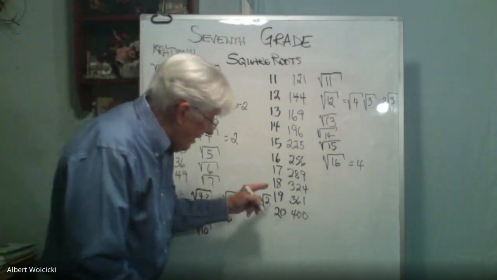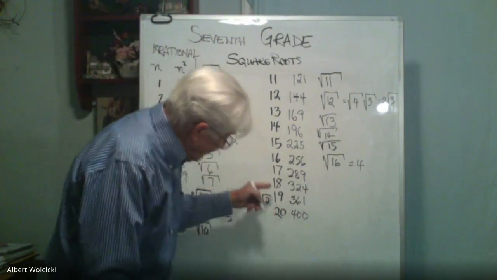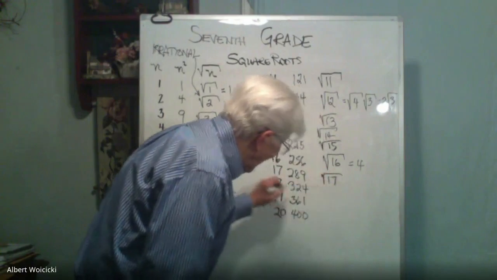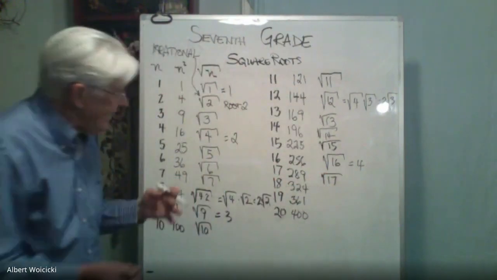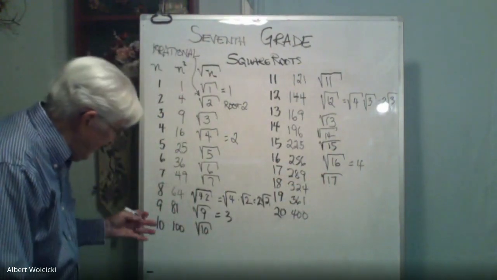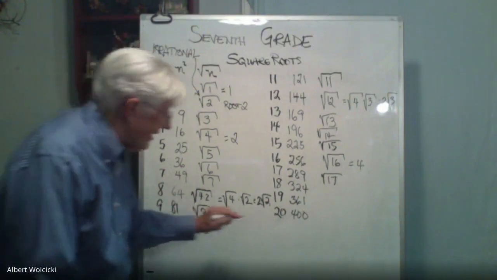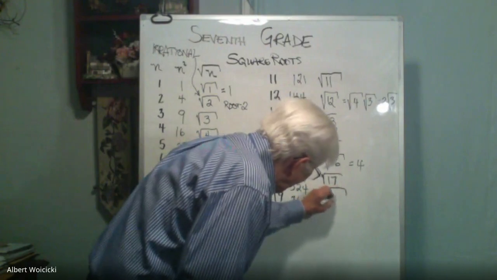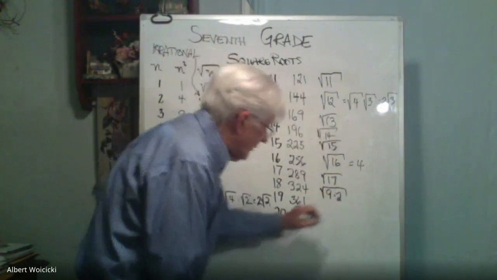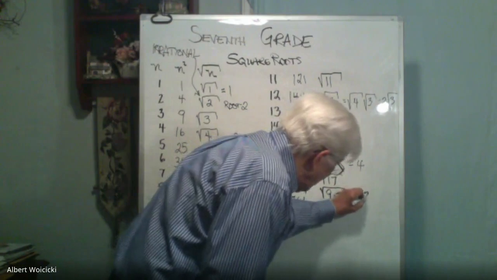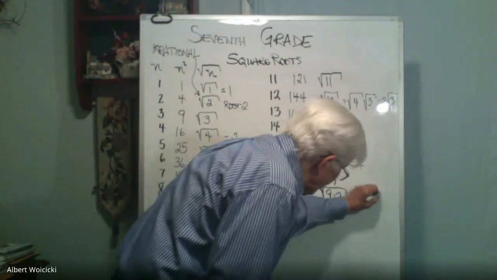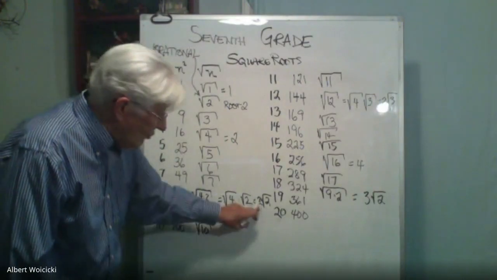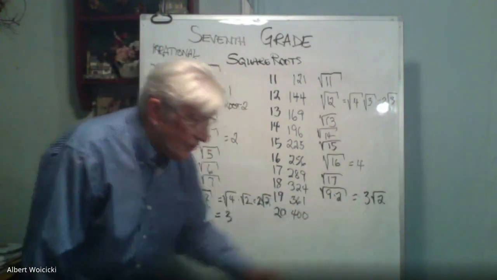But now, can I change any of these? 17 I can't fix. 18, does 18 have a perfect square in it? It has a 9 in it, because it's 9 times 2. So that becomes 3 root 2. Before we had a 2 root 2, now we've got a 3 root 2.